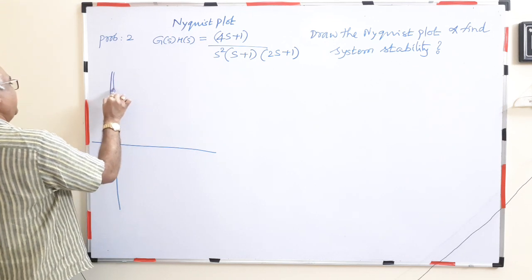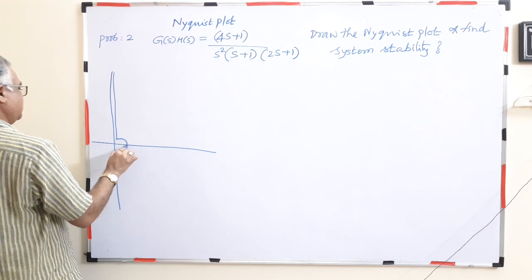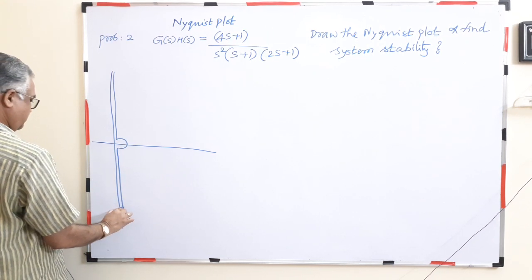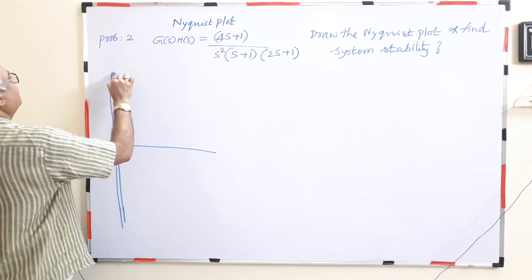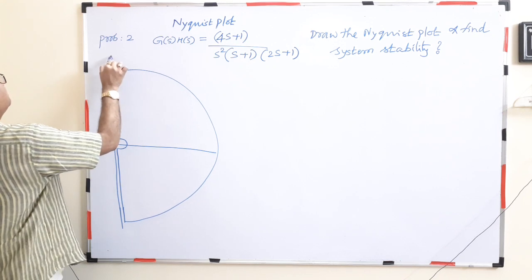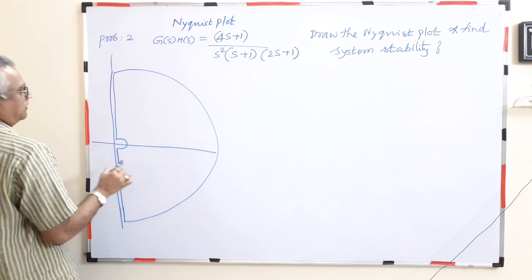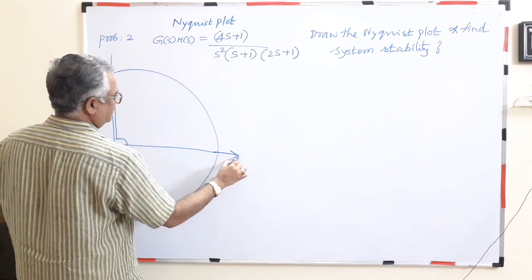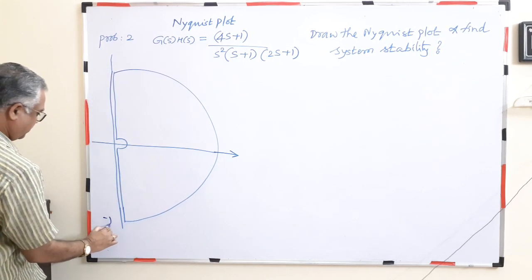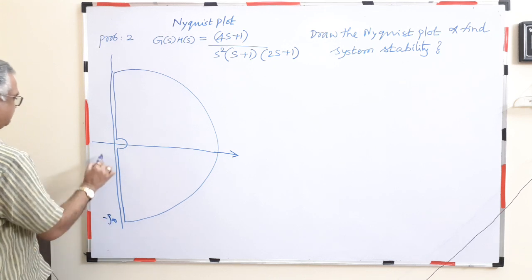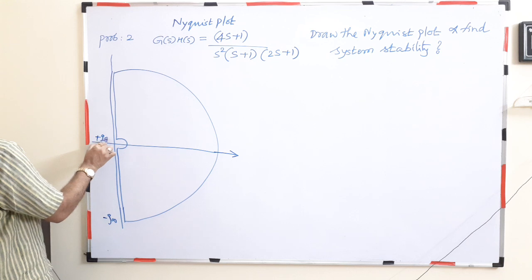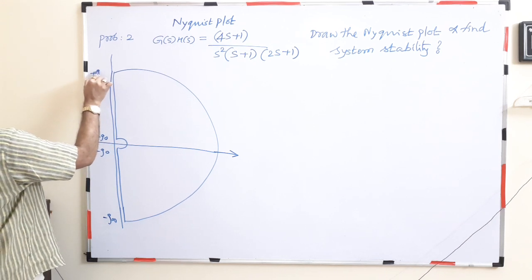So this is S plane. For every problem, this path is common. So minus j infinite, minus j0, plus j0, plus j infinite.